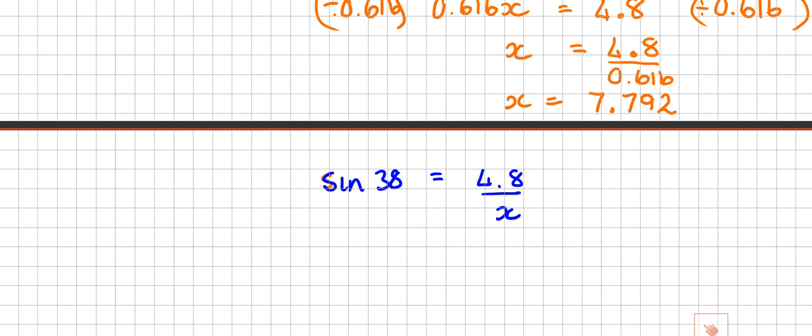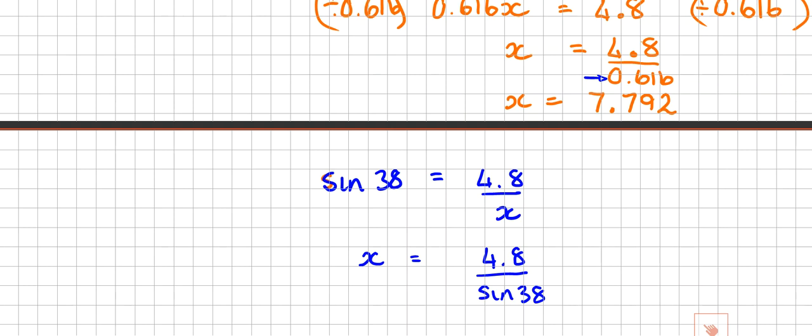But where did the 0.616 come from? So shall I just rewrite the answer, but instead of putting this, I'm just going to put sine of 38. So if I write, the answer is x equals 4.8 divided by the sine of 38, instead of doing it with the numbers.